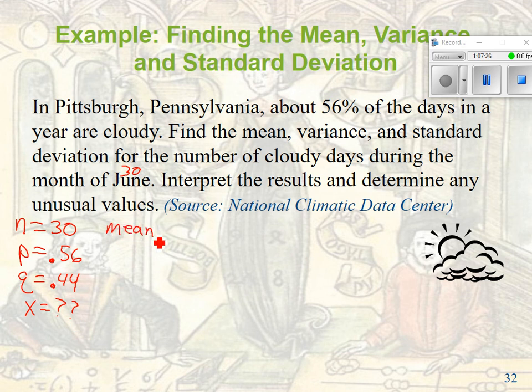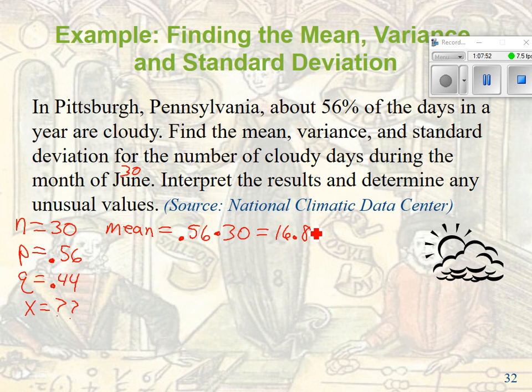Mean. 16.8. For the mean, you take 0.56 times n, which is 16.8. So what's that telling us? If we live in Pittsburgh, it's going to be cloudy about 16 or 17 days in the month of June. That's normal.